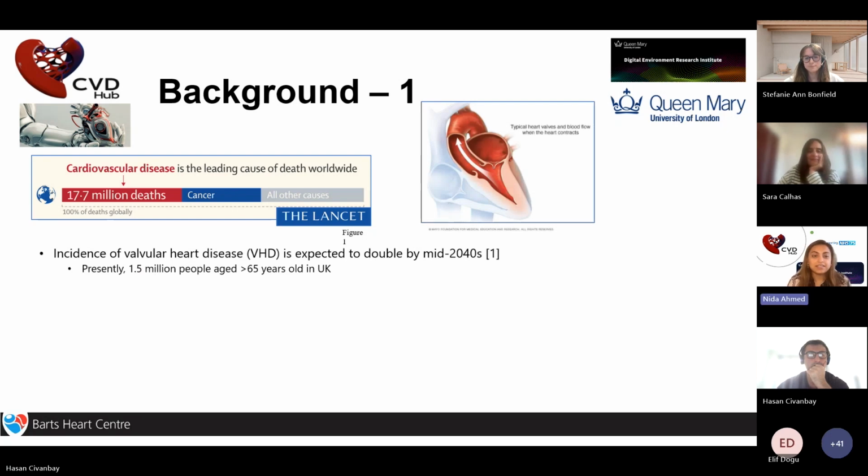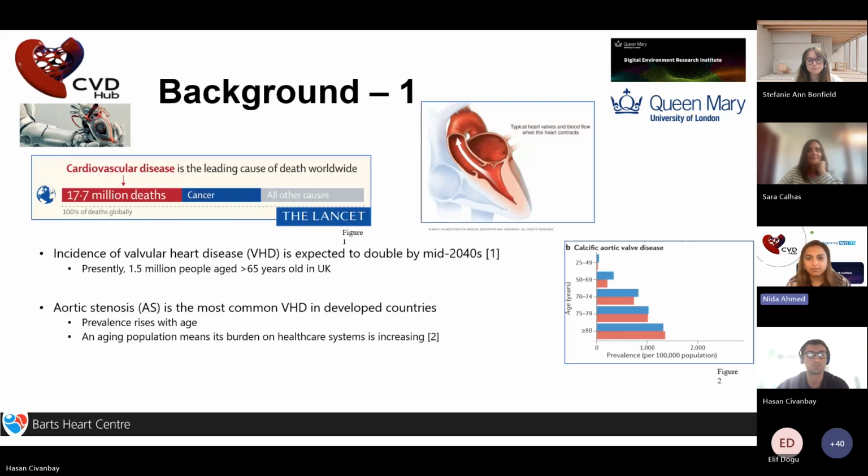Valvular heart disease is a set of conditions that affect heart valves. It's essentially the valve that you can see where the white arrow is flowing up. Valvular heart disease is expected to double in incidence by the mid-2040s, and 1.4 million people aged 65 and above are already suffering with these conditions.